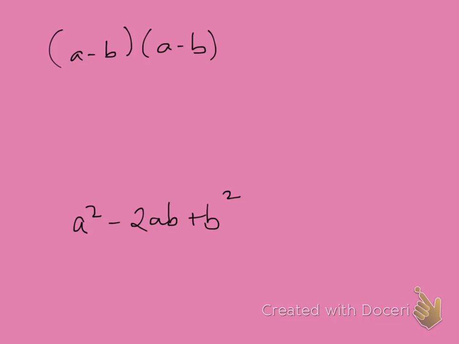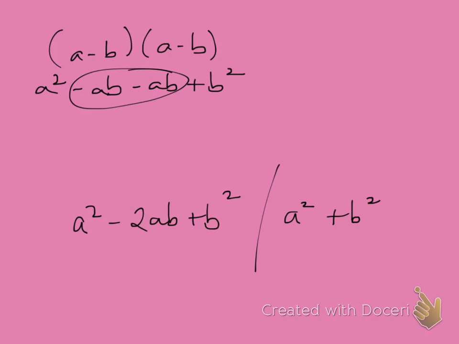All right, let's take a look. Okay, so JD thinks it's A squared plus B squared. All right, A times A is A squared. A times negative B is negative AB. Negative B times A is negative AB. Negative B times negative B is plus B squared.